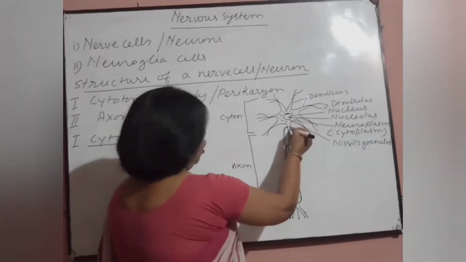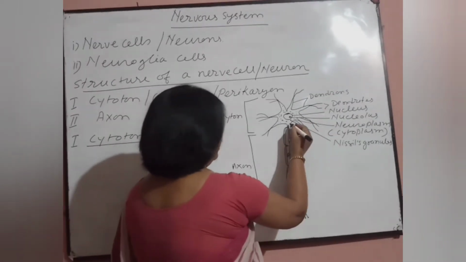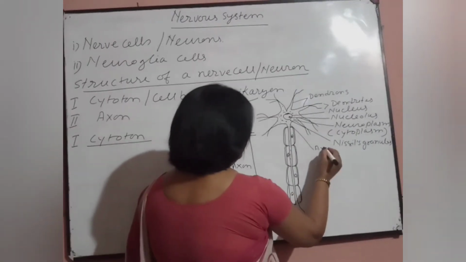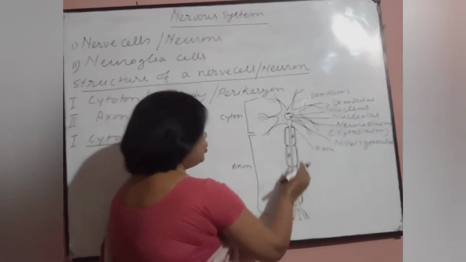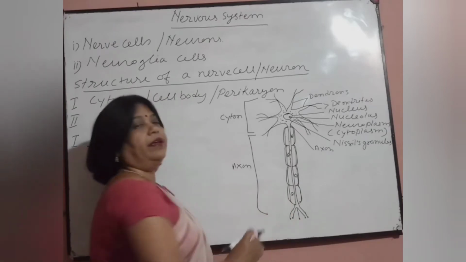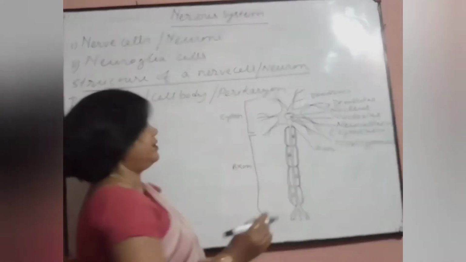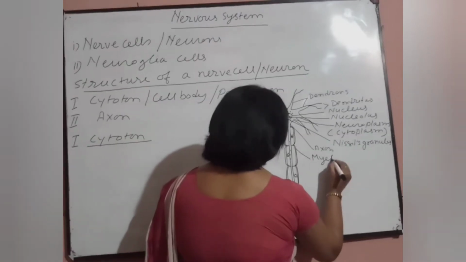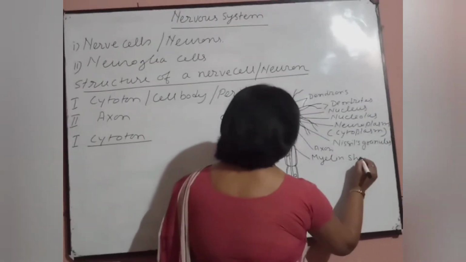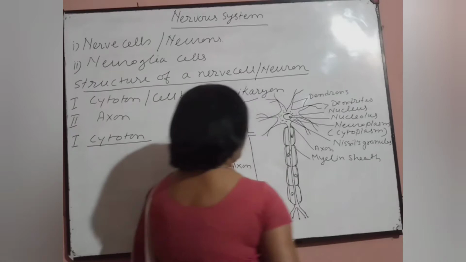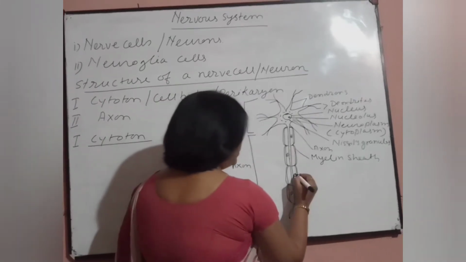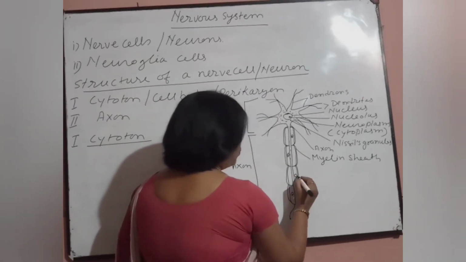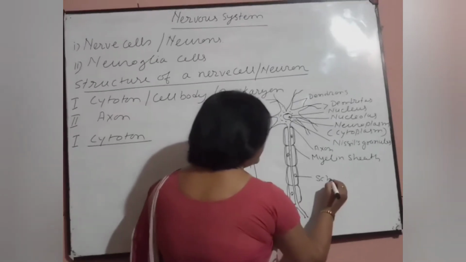Now the long projection, that is the axon. The axon is covered by a myelin sheath, which is made up of Schwann cells.